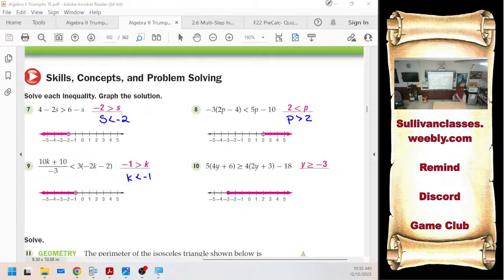Now, are there any of those 4 that went wonky on us and we need to go through? Which one? 10. Okay, 10. So let's looky.